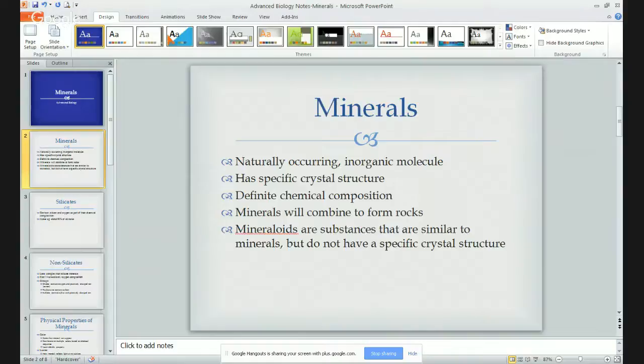They've also got a definite chemical composition, and your minerals are going to combine to form rocks. So they're the building blocks for rocks.